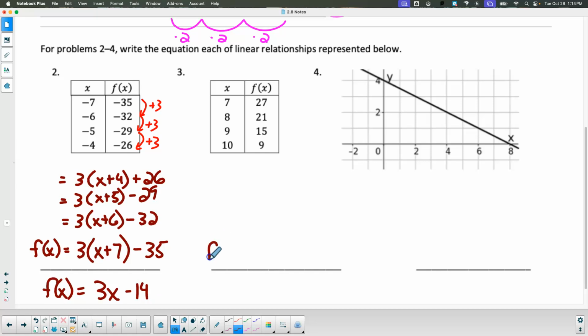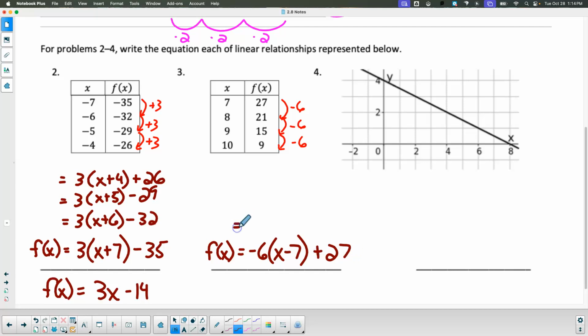Over here, we could have had f of x equals, this one is minus 6, minus 6, minus 6. So then we would have negative 6 times the quantity x minus 7 plus 27.